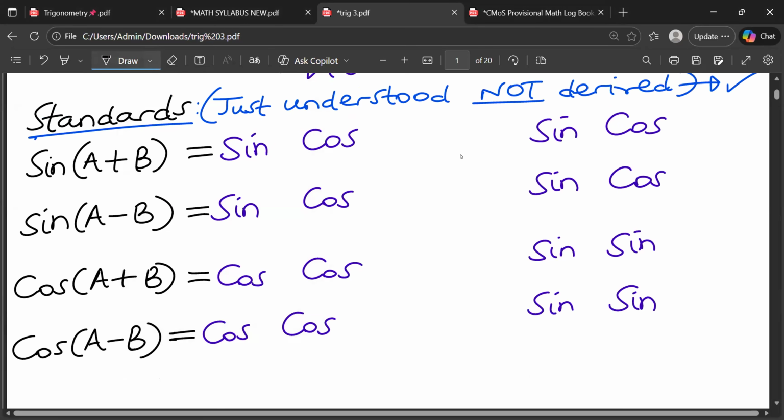The angles are only A and B. That means if here sine takes A, cos will be left with no option other than taking B. Then on this side, since sine has already taken A, it will now take B, and since cos took B first, it will now take A. Even here the same thing. Sine can decide to take A first, then the other side, sine takes B, then cos takes A.